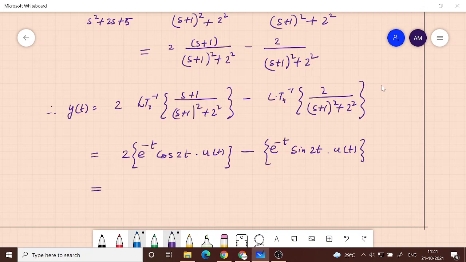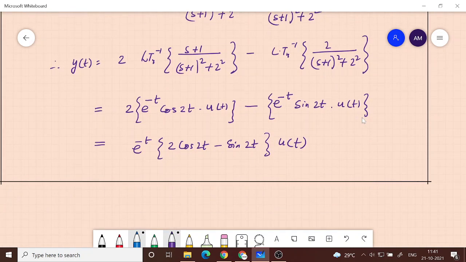So I can pull out the common terms. E raised to minus t is a common term, then 2 cos 2t, then minus sine 2t, then u of t. So if you want, you can just leave it there, but you can also try to simplify it further.